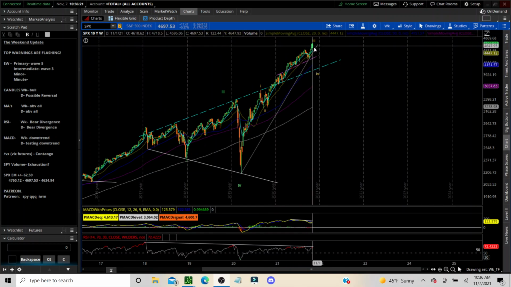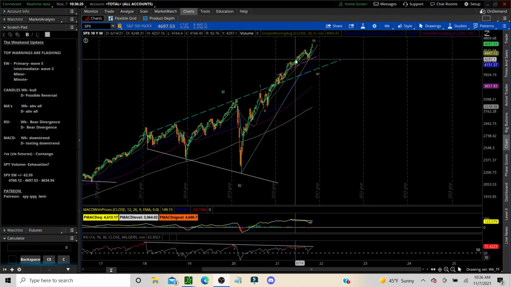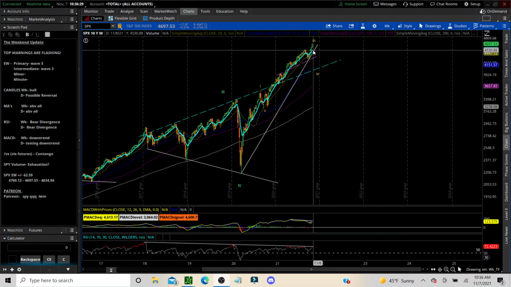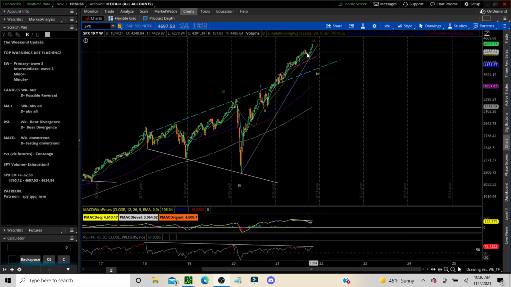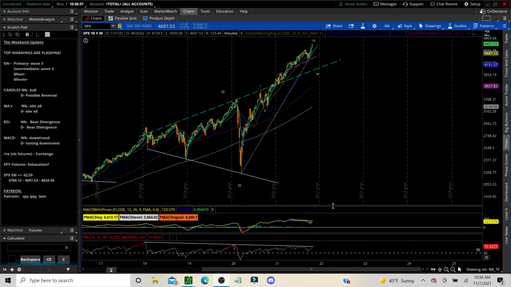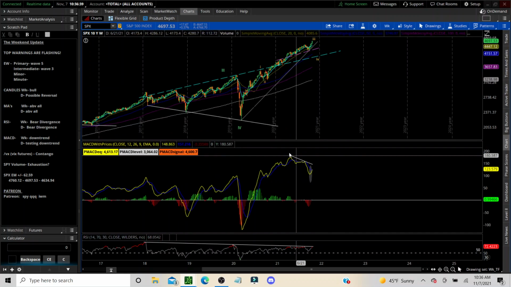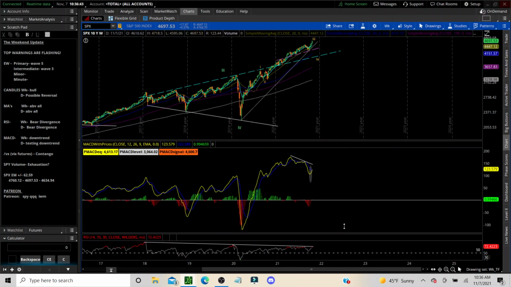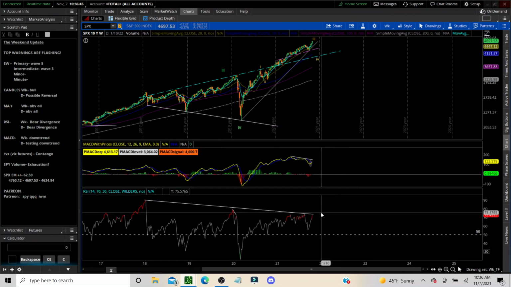We don't have any reversal signals at this point on the weekly. So bullish until proven otherwise. We're over all the MAs, holding trend, holding rising pivots, all the above.